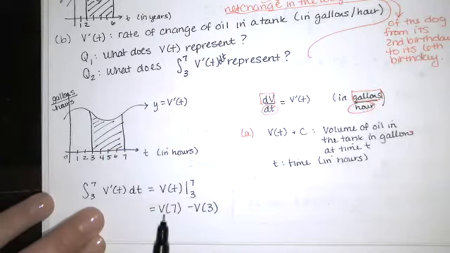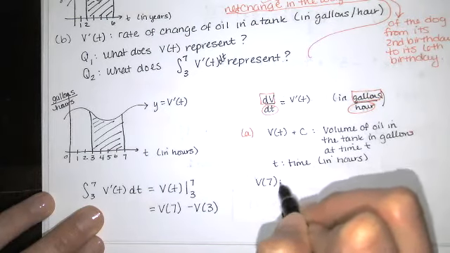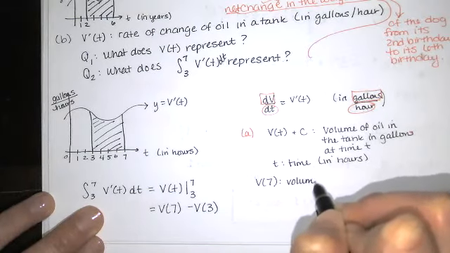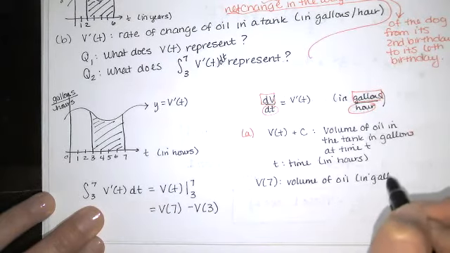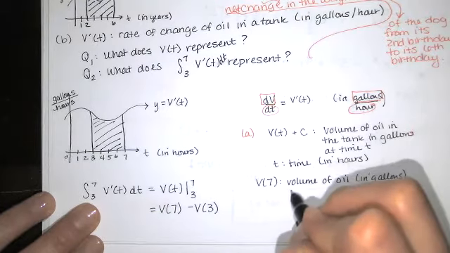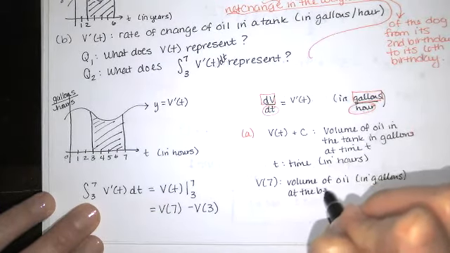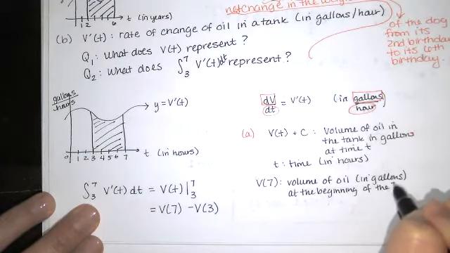So that's the volume of oil in the tank at the beginning of the 7th hour. This is the volume of oil in the tank in gallons at the beginning of the 7th hour from whenever we started measuring it.